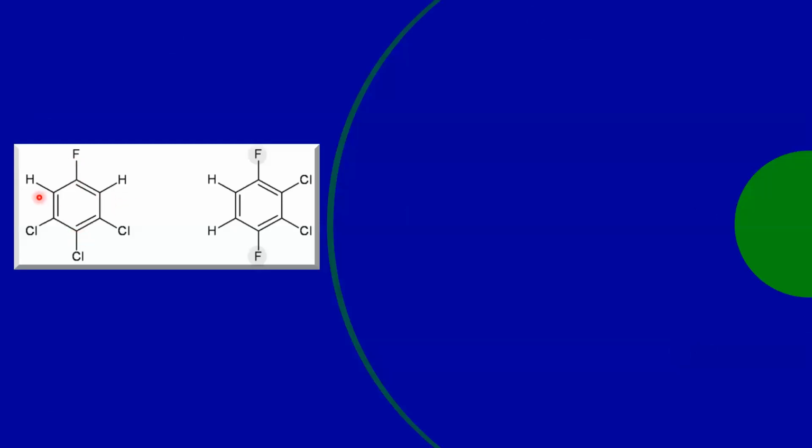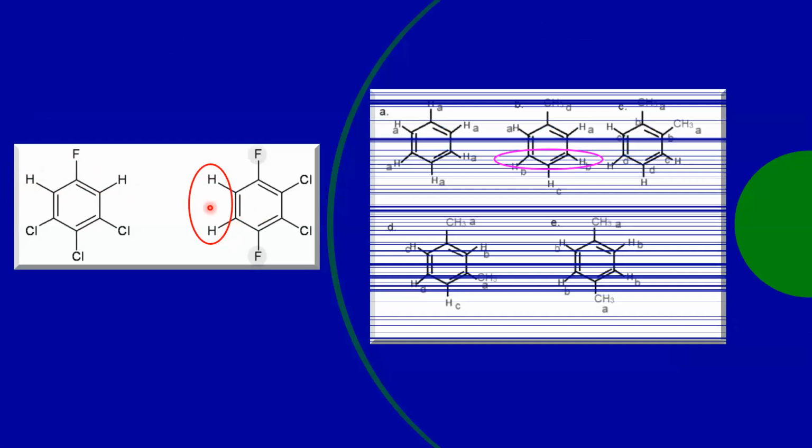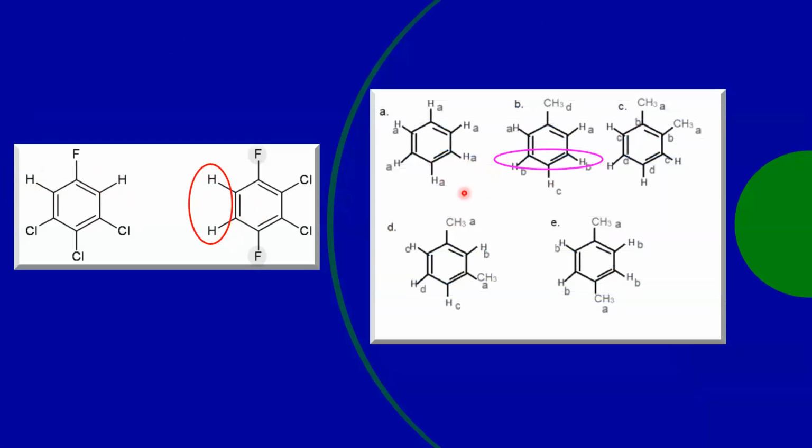So here, look at these 2 protons are in similar environment. So 1 signal. So naturally, one signal for these two protons also. So some more examples. Benzene, a single signal. So look at here. One signal, second signal, third signal, and fourth signal.